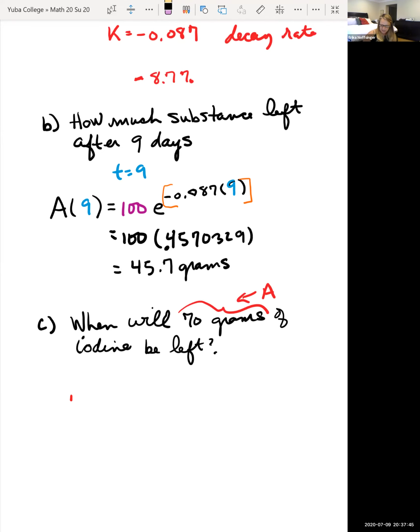So we have 70 is equal to, well, we still had 100 milligrams to start with, e raised to the negative 0.087. But now we're trying to find out what t is.